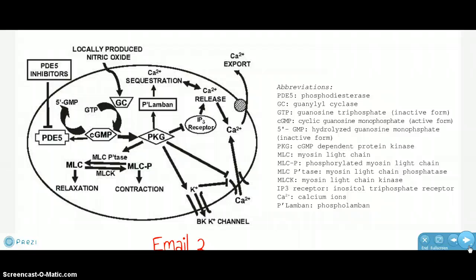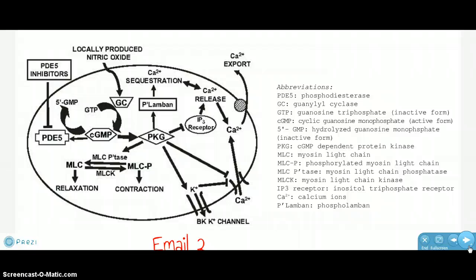So PKG affects IP3, it affects phospholamban, and it affects the myosin light chain phosphatase. IP3 is a secondary messenger. It's a membrane glycoprotein complex that targets calcium channels via facilitated diffusion. Calcium channels are found in the endoplasmic reticulum of cells.